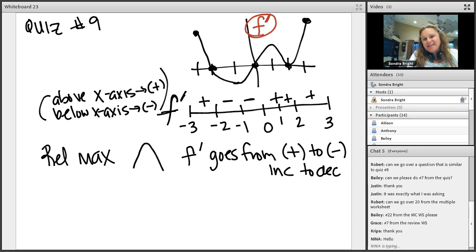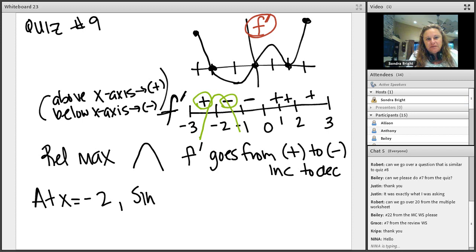And the only place that happens is right here at x equals -2. You see that you're going from positive to negative, which means the graph of f will be increasing and then decreasing. And that's the only spot that it went from a positive to a negative.